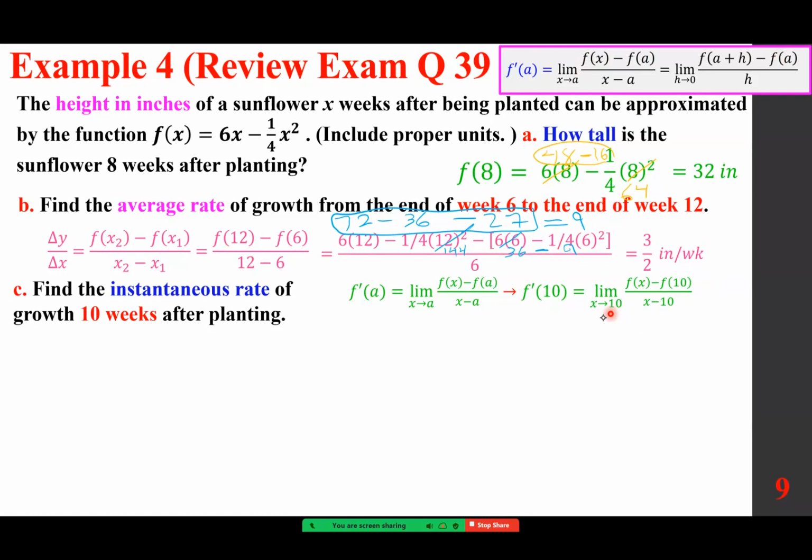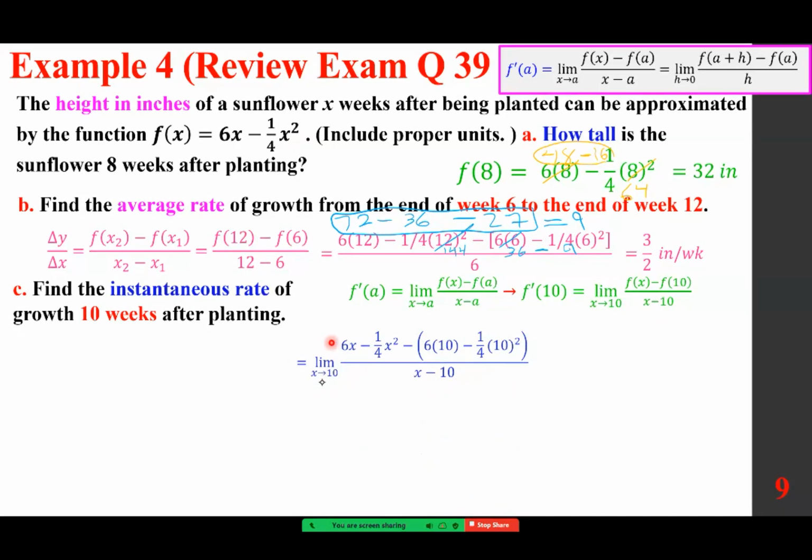So we write f of x minus f of 10. We write 6 times 10 minus 1/4 of 10 squared. The denominator is simply x minus 10. Now, this numerator has to be simplified. That means it's all your algebraic techniques.